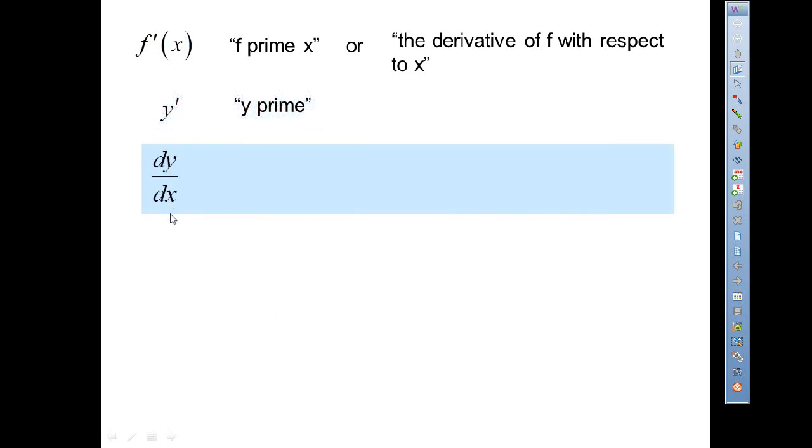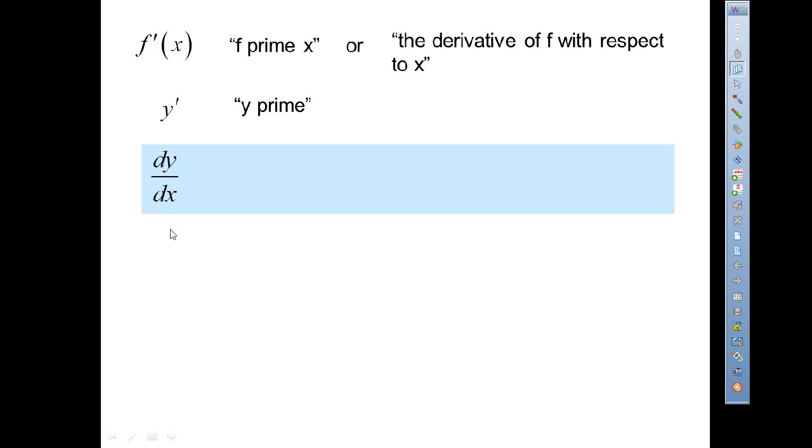And dy dx here, this is another type of notation, but it's more specific because it's telling what you're taking the derivative of and what you're taking the derivative with respect to. This x down here tells you that you're taking the derivative with respect to x. That's important because you can actually take the derivative of a function in multiple different ways with respect to multiple different variables.